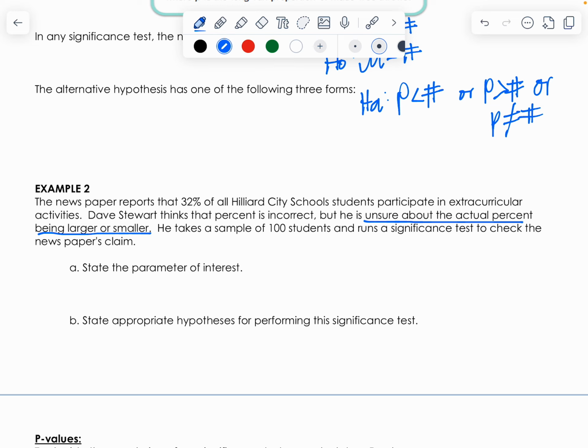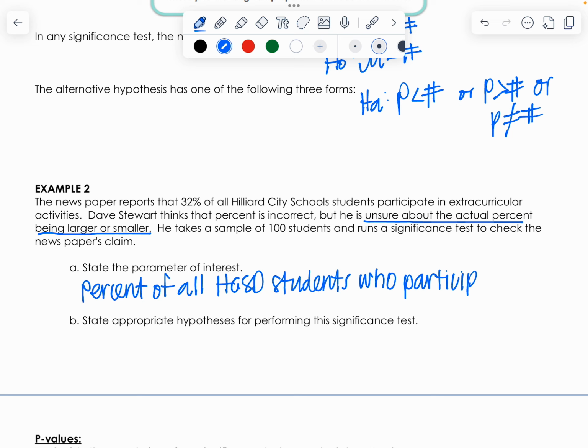So the parameter he is looking for is the percent of all HCSD students who participate in extracurricular activities.